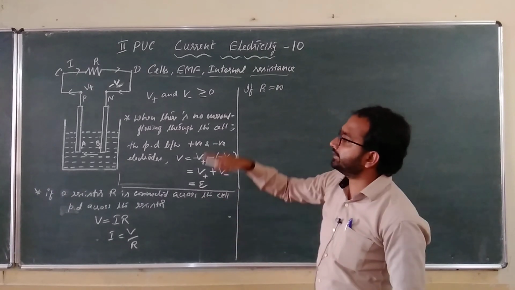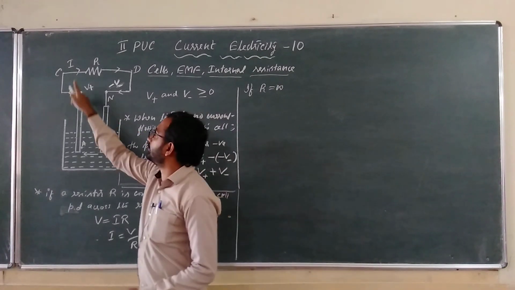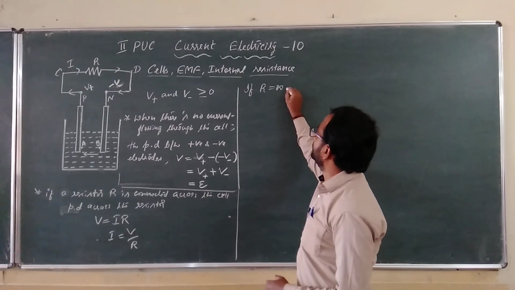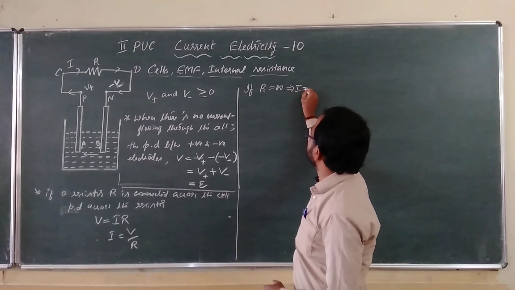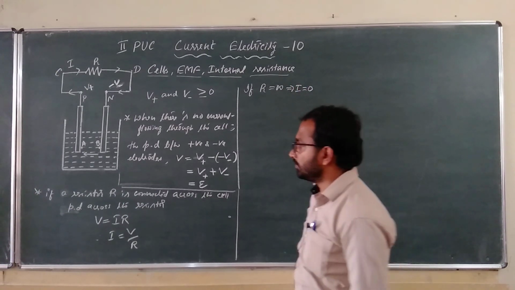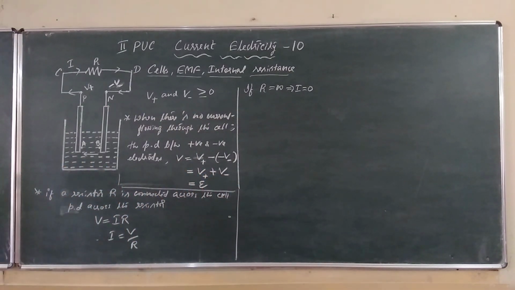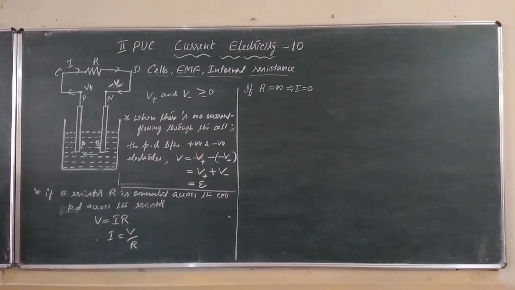There is no current flowing from P to N if R is infinity. So naturally I is equal to 0. There is no current flowing through the resistor or through the cell. So if R is infinity, I is equal to 0, meaning it is now an open circuit.